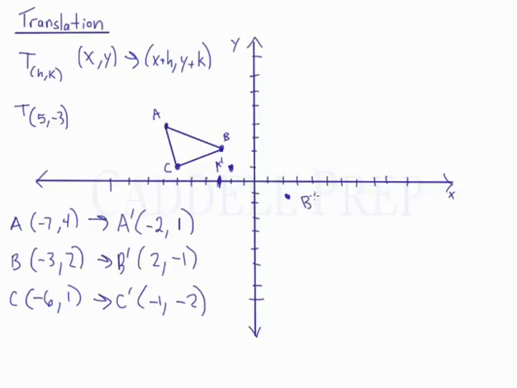So here's B prime. And now we'll find C prime, so we're going to move to the right 5 and down 3, 1, 2, 3, 4, 5, 1, 2, 3. C prime. So let's draw our triangle A prime, B prime, C prime.